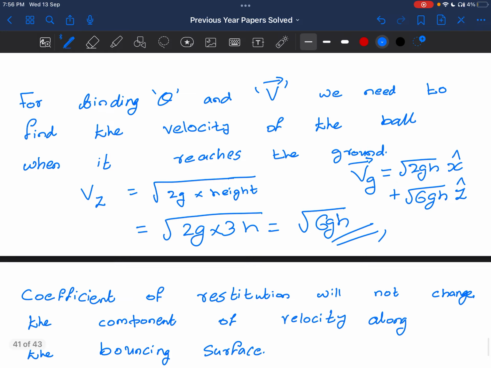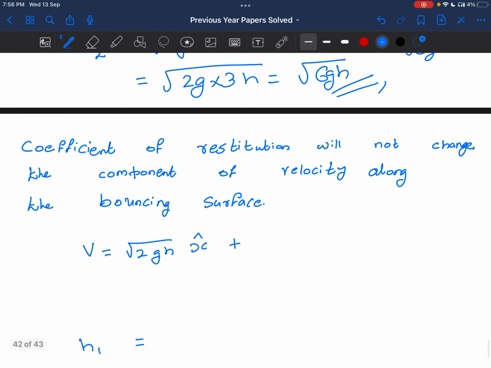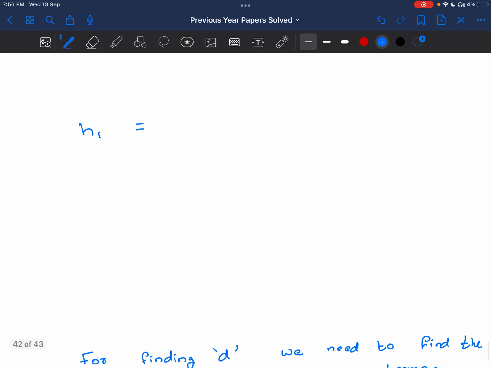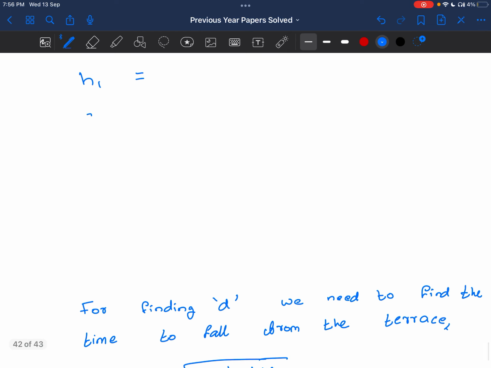Now, for finding theta, we know tan theta is simply Vz by Vx.